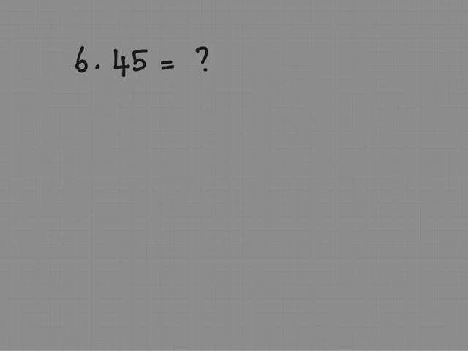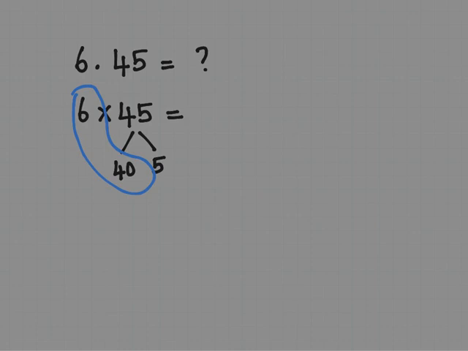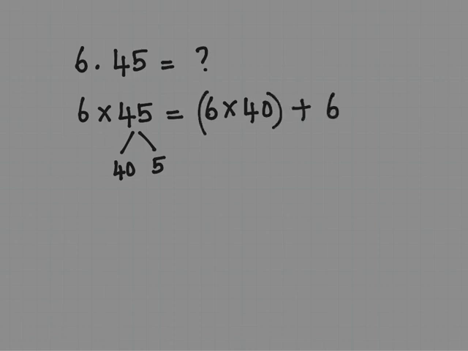The next problem, 6 dot 45 equals what? This can be written as 6 times 45. Let us break this down into parts. 45 has a 40 and 5 in it. So first let us multiply the 6 with 40, and then let us multiply the 6 with this 5. So 6 times 40 plus 6 times 5.